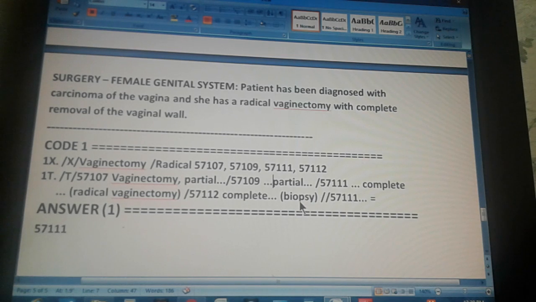Biopsy. Biopsy, right? We don't have that in our text. There wasn't a biopsy in this case, so we throw that away. We don't need that code. So we have to go back. The 2 forward slashes mean go back to the code 57111, right? Right. And the equal sign in the end means that we have a double check, and this is our code. So the code is 57111.